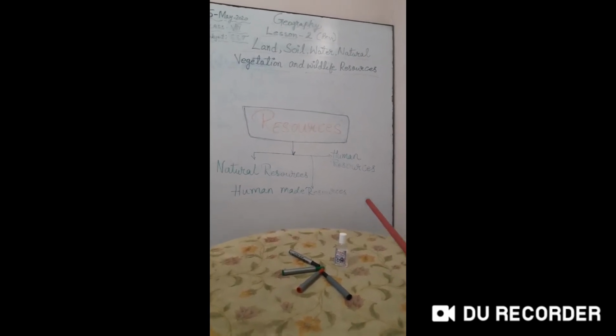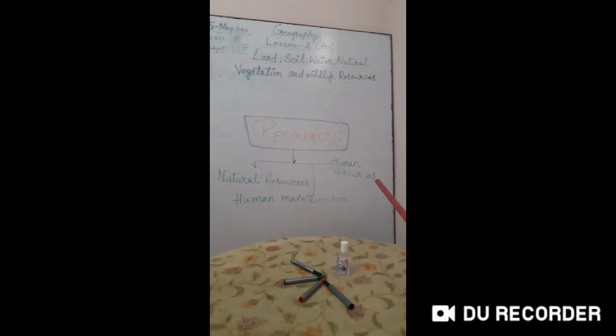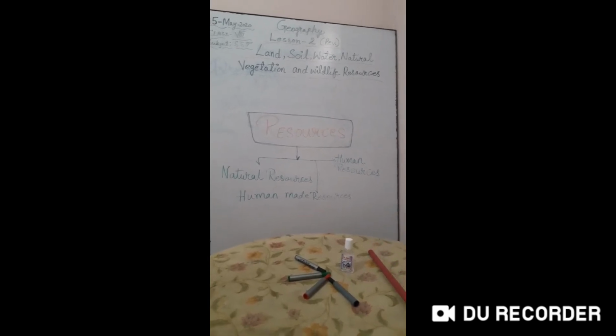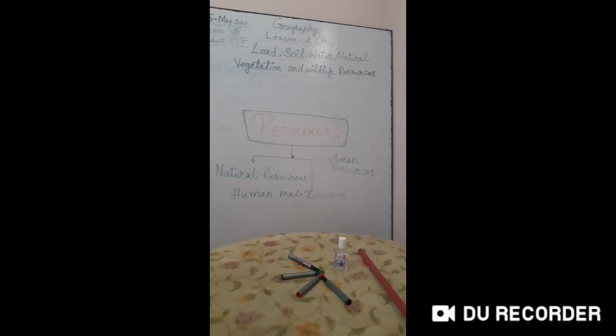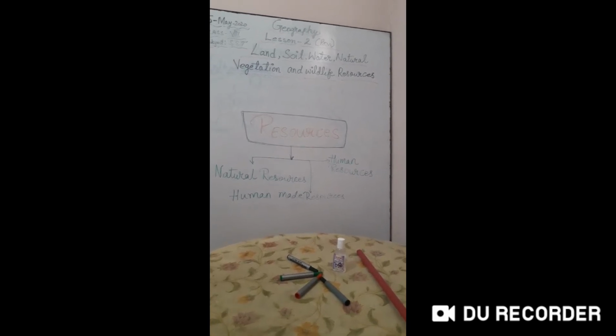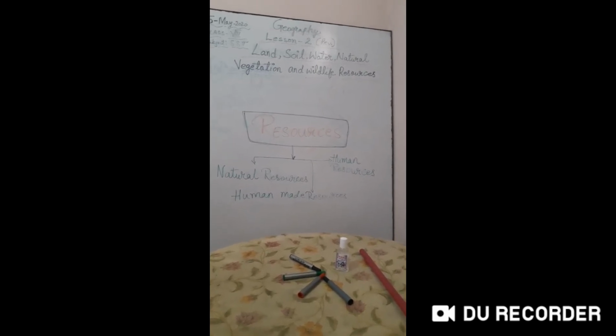Alright, students. Now, number 3 is human resources. It includes people who serve us in any way, like teachers, doctors, carpenters, cobblers, etc. All these are included in human resources.